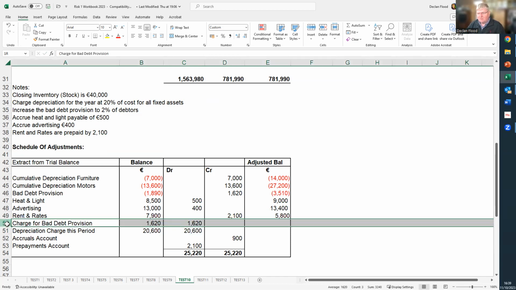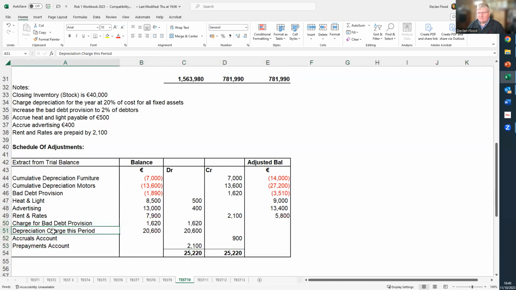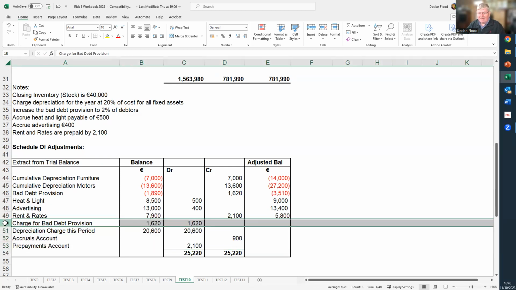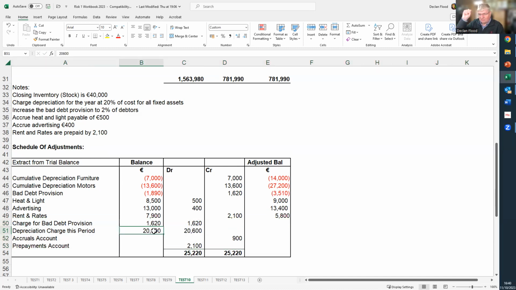Really all you have to do is the top half, which is the adjustments. This bottom part here is more accounting in terms of balancing the accounts. So what I need to make sure is that when I am looking at my expenses, I put in an expense of 7,000 for depreciation on furniture, 13,000, or 20,600 for the depreciation charge, into my expenses.